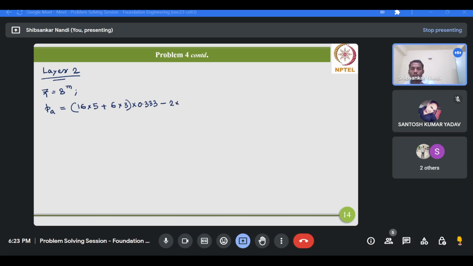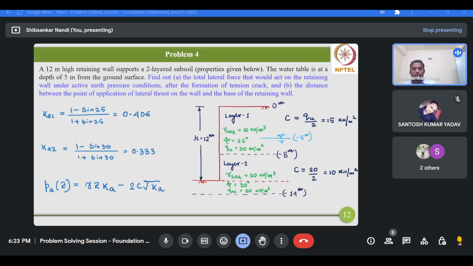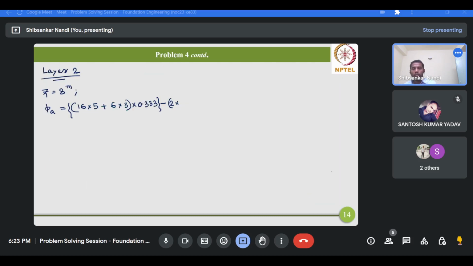So this equation you have to take from the second layer, not the first layer. The value of C is now 10, root under 0.333, plus 10 multiplied by 3, this is for the water pressure.